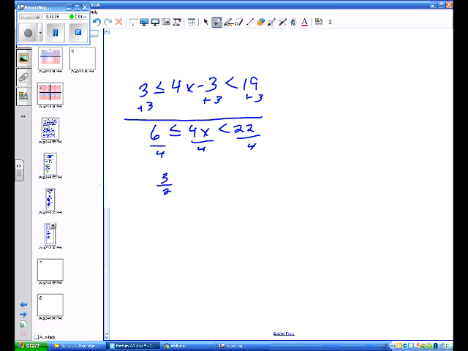This reduces to 3 halves, and this reduces to 11 halves. So x is between 3 halves and 11 halves. In interval notation, we would use square brackets because it also equals.